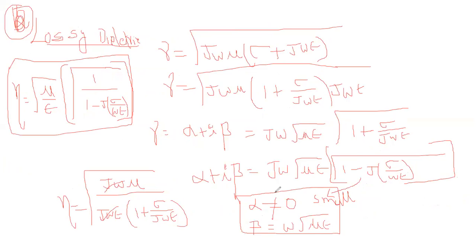So alpha, beta and eta all depend upon the frequency. So definitely there is a loss, the attenuation constant is there, and there will be loss in the uniform plane wave in a dielectric medium as it passes from one dielectric to another, at the boundary between them.